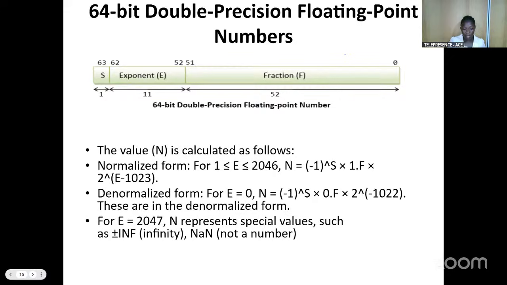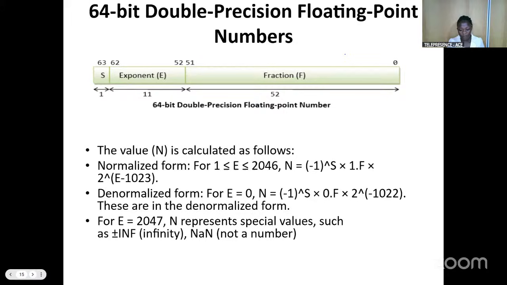So, as I've said, the value n is calculated as follows. For the normalized form, it is for 1 less than or equal to the exponent less than or equal to 2046, by default. And for n, we have minus 1 raised to the power of x times 1.f multiplied by 2 raised to the power of e minus 1023.